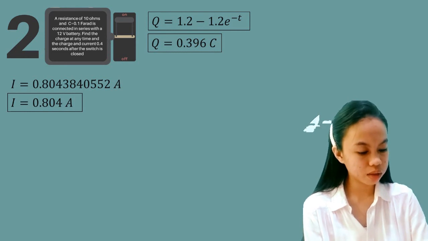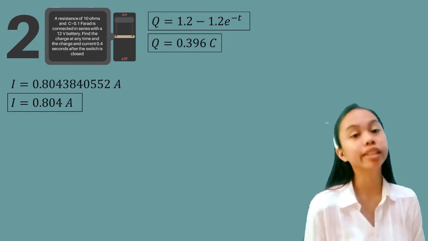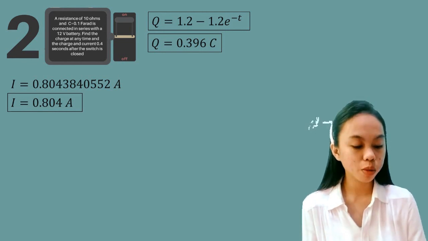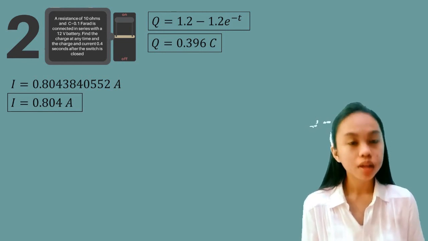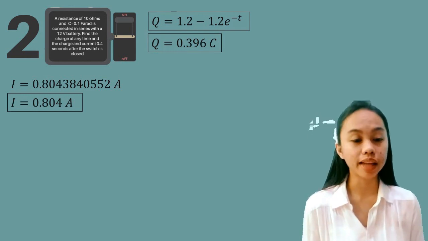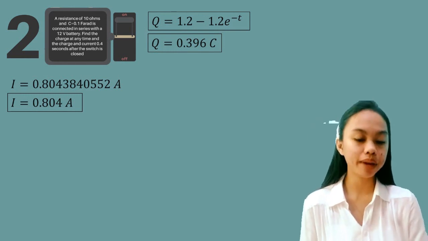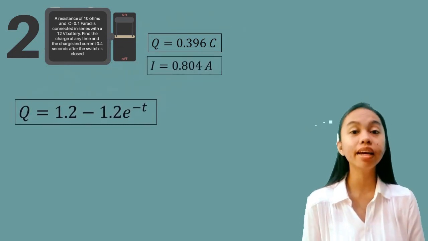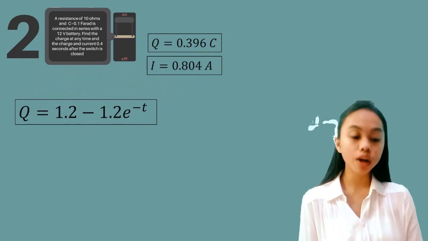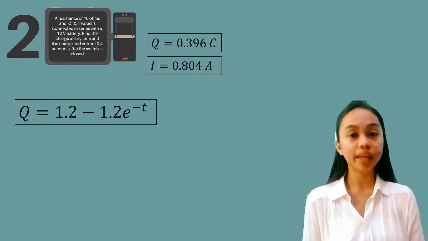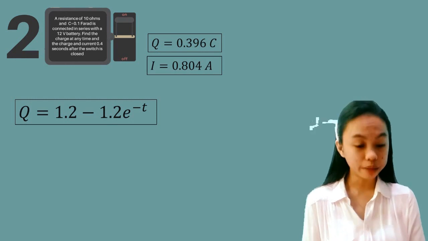So this is it. We already get the current 0.4 seconds after the switch is closed, and it is 0.804 amperes. So repeating all the answers that we get, our charge at any time is q equals 1.2 minus 1.2 over e raised to the power of t, or it could be q equals 1.2 minus 1.2 e raised to the power of negative t.